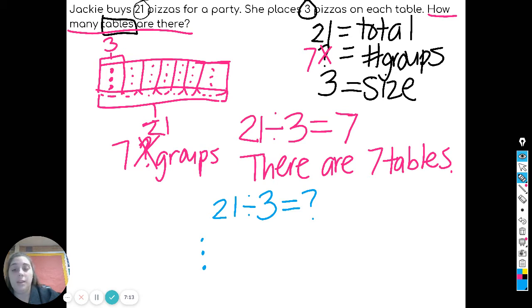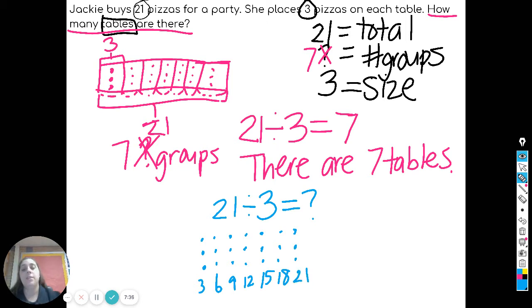So 3, 4, 5, 6, 7, 8, 9, 10, 11, 12, 13, 14, 15, 16, 17, 18, 19, 20, 21. Okay, and then you could have gone back and counted how many groups did you need?